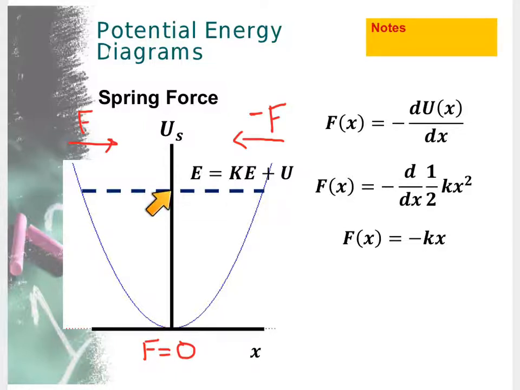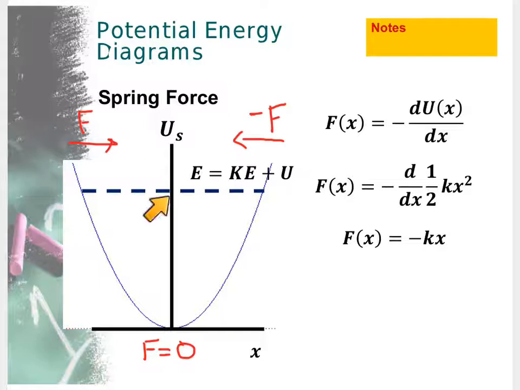So when I have a particle here, an object on a spring, and it has this much total energy, all of this energy at this point is going to be kinetic, right? In other words, at this moment, this particle is either moving to the left or to the right, with a lot of kinetic energy. And at this instantaneous moment, there is no force acting on the particle at all. So it is going to continue its motion.